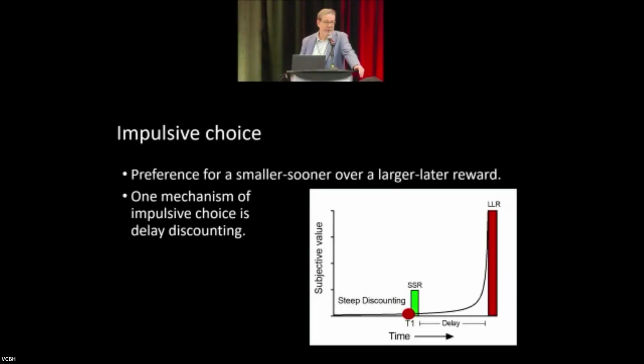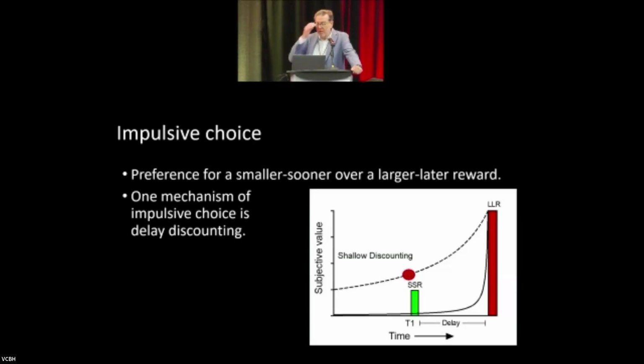Now, because the discounted value is so much lower than the smaller sooner reward, the impulsive choice is made. For other individuals, the shape of the discounting function is still hyperbolic, but it's less steep. And so with shallow discounting, the subjective value of the larger later reward retains most of its value and is preferred to the smaller sooner reward as a result.